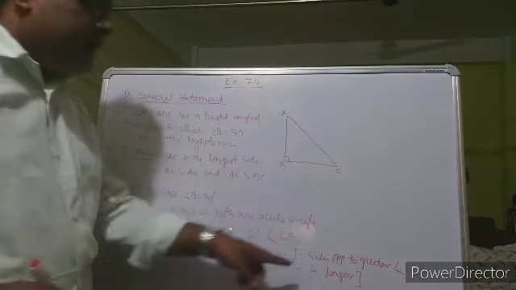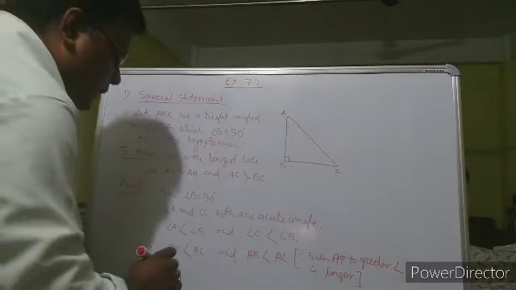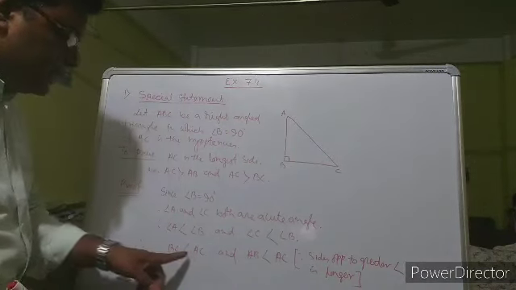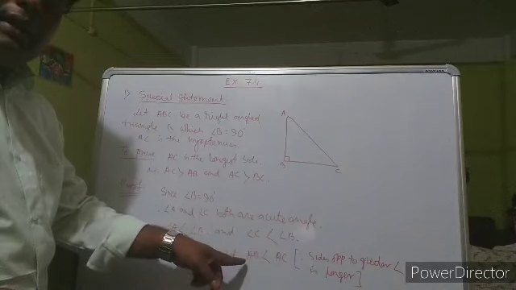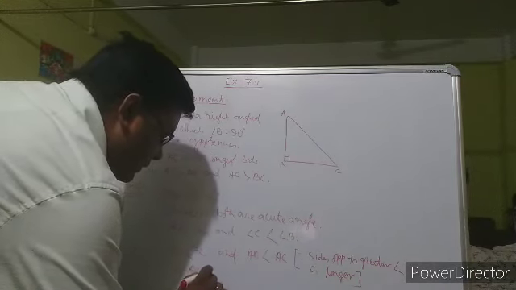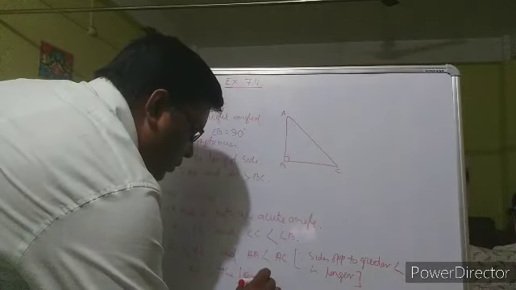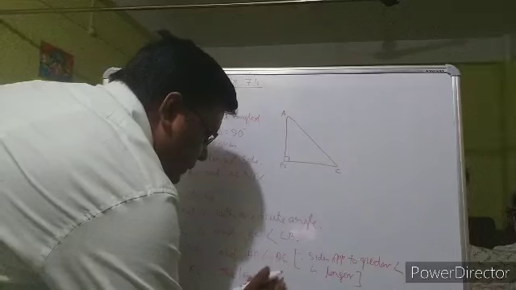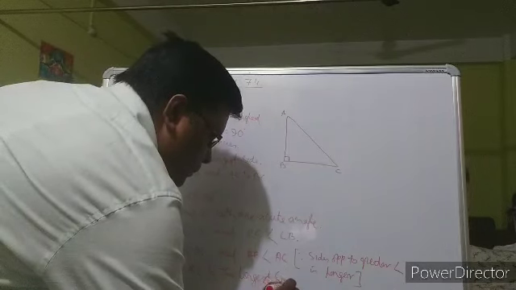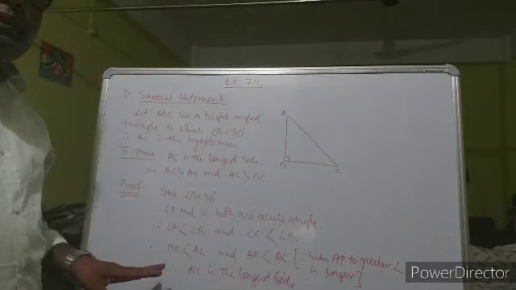This is the property. So that is, AC is greater than BC and AC is greater than AB. Therefore, AC is the longest side. So this is the proof of this question number 1.